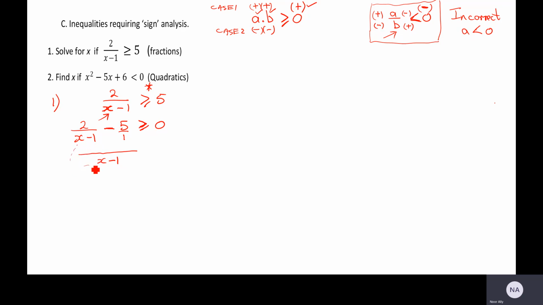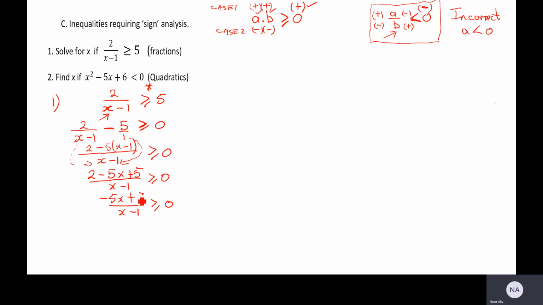So x minus 1 into x minus 1, that goes 1, 1 times 2, then 1 into x minus 1, that's x minus 1, so that would be 5 times x minus 1 greater than or equal to 0. Let's multiply those minus 5x plus 5, leave the denominator. This gives you negative 5x plus 7 over x minus 1 greater than or equal to 0.